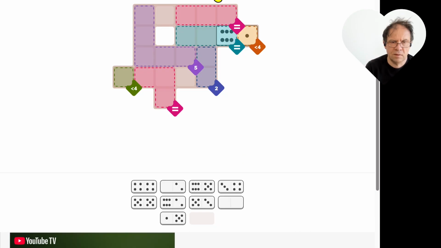Then where is this going to go? There has to be something here, a double. Some double. It's just a placeholder, which means that this 6 can't be going this way, so it has to go down. It's going to be either 6-2 or 6-1.